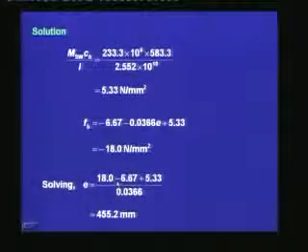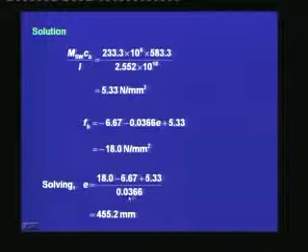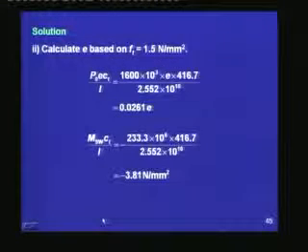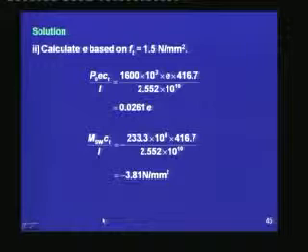Solving, E is equal to (18 minus 6.67 plus 5.33) divided by 0.0366, which gives me 455.2 millimeters. This value of E is based on satisfying the compressive stress at the bottom.